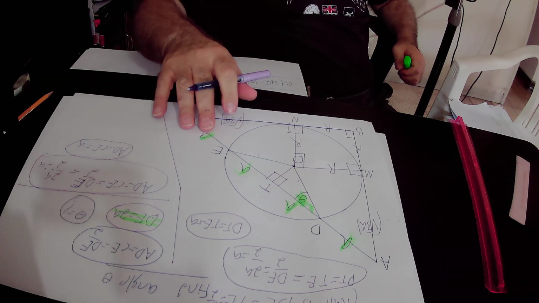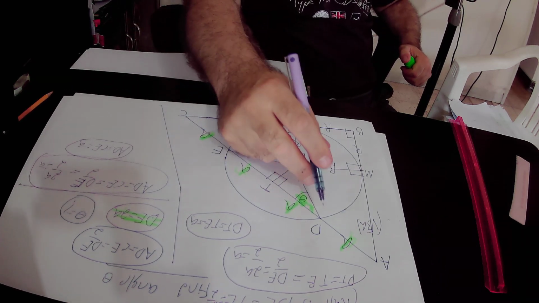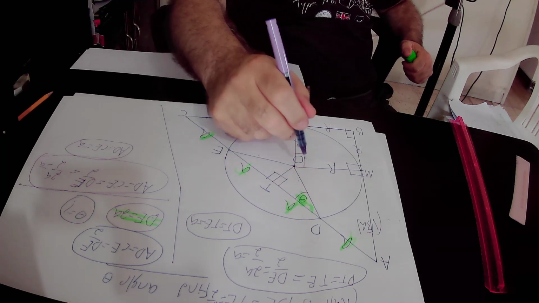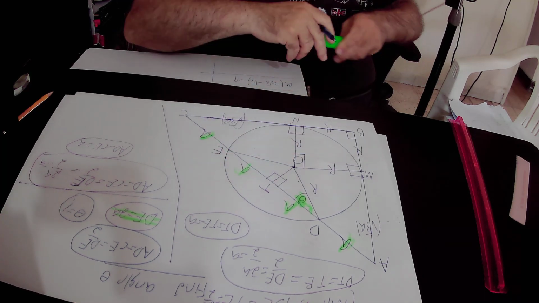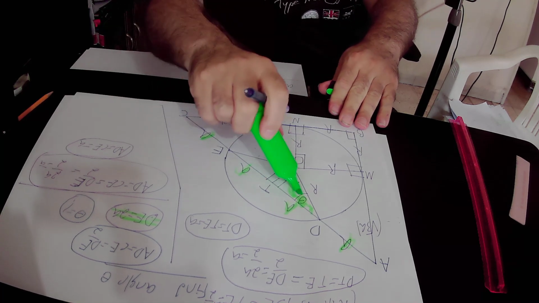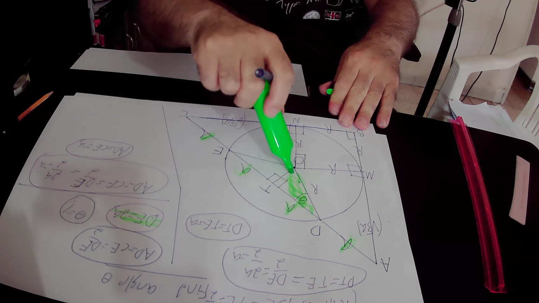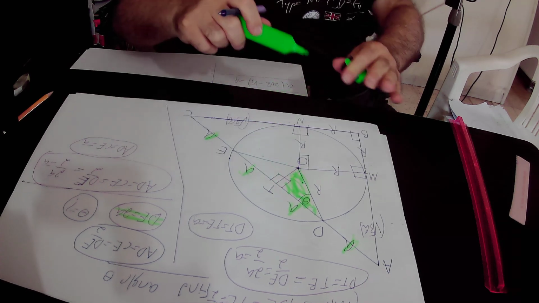Here, point O is the center of the circle, point D is a point on the circle itself, therefore OD is the radius of the circle, that is equal to R. In the next step, I will copy the right green triangle DOT onto a new page, and we analyze triangle DOT.